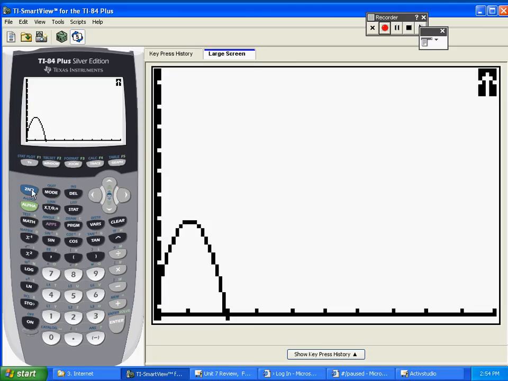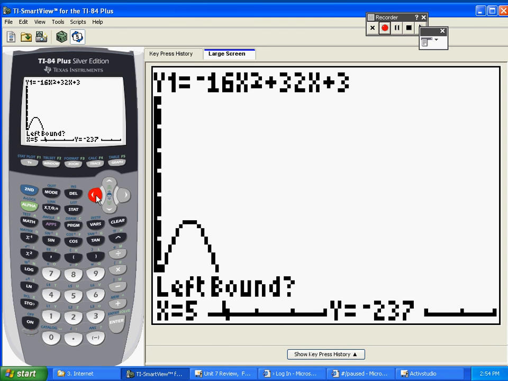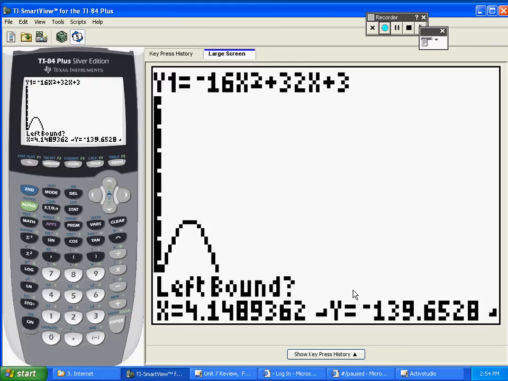So I'm going to go second, calculate, and I'm going to go to maximum, left bound. Right now I see that my numbers are at -139. So I'm going to hit left, and I can see it moving up closer: -43, -25.